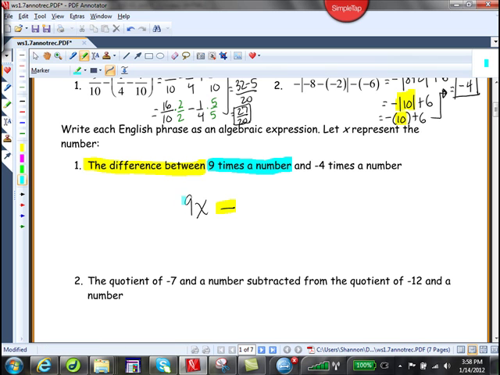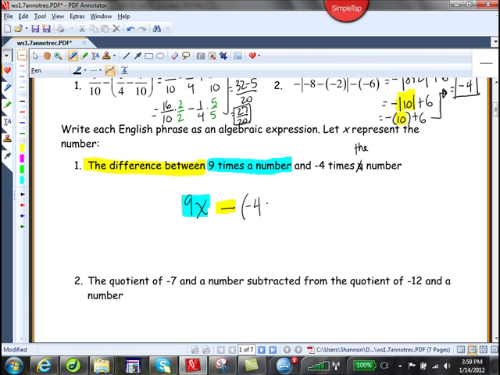So here is the correlation for the blue. And then negative 4 times a number. So this will be negative 4. And with this one, we should probably have said negative 4 times the number. In fact, let's go ahead and officially change that to the number so that there's no room for error.